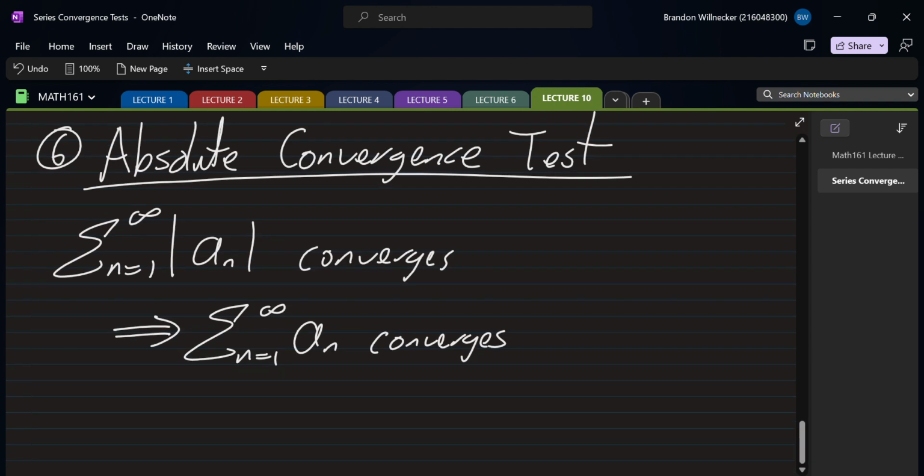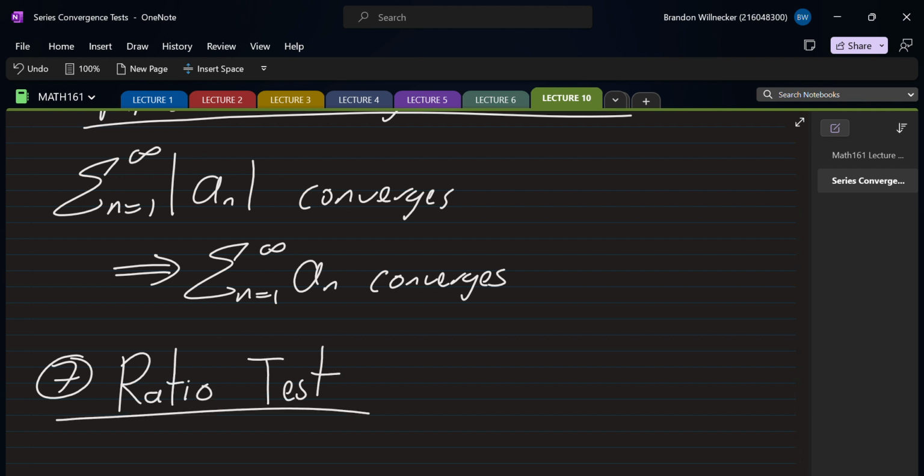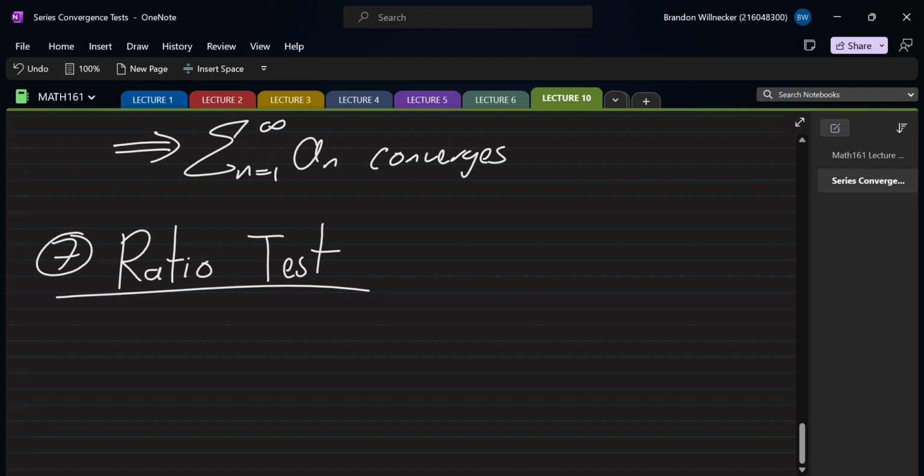Okay, a few more to go through. Number 7 is the ratio test. Here we take the ratio of consecutive terms, an and an plus 1, and we check if they're getting smaller or not. Very similar to what we did with sequences to see if it was increasing or decreasing.